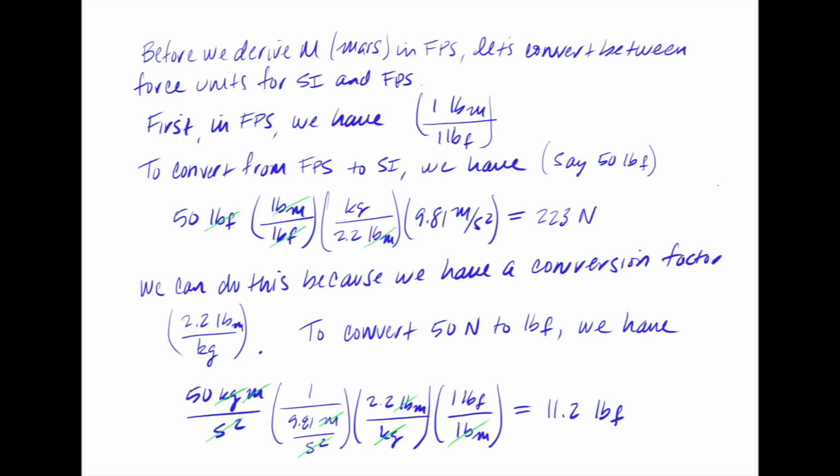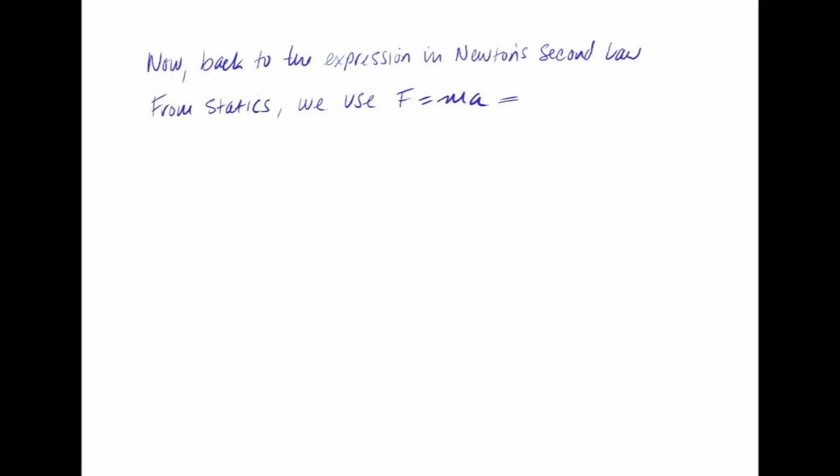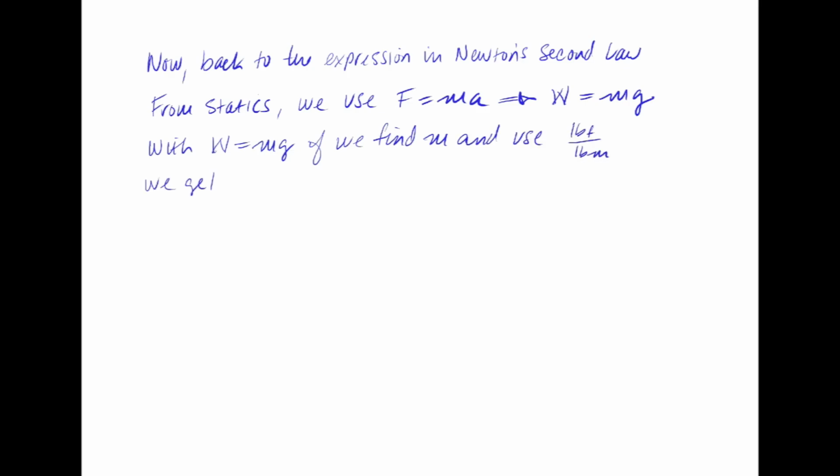So now we go back to Newton's second law and try to get the units for mass in FPS. We're going to use weight equals mass times gravity. If we use the relationship 1 pound force per pound mass, we get g is equal to 1, and we know that's not correct.